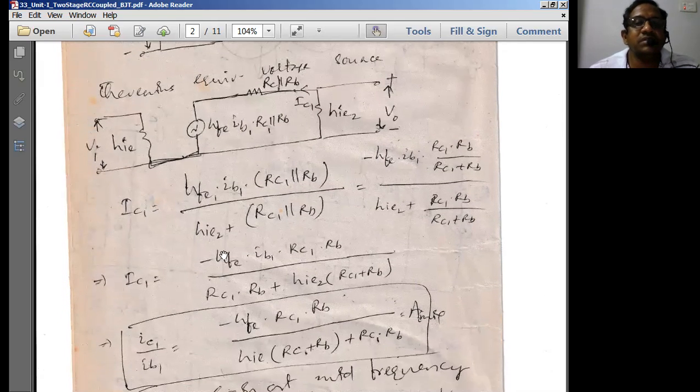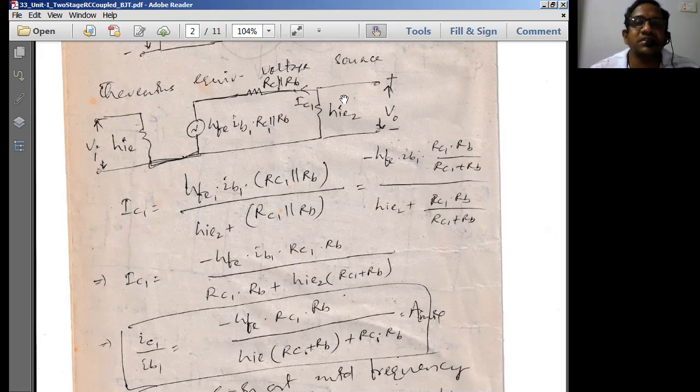So from this we can simply find IC1. What is IC1 basically? Current is equal to voltage by resistance, the general formula according to Ohm's law. So IC1 is equal to the voltage source in this circuit diagram, HFE IB1 into the parallel combination of RC1 and RB, which is the effective Thevenin's voltage, divided by its resistance.